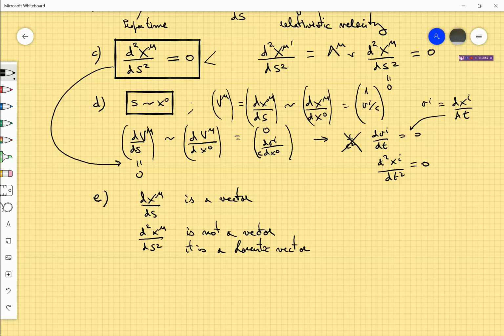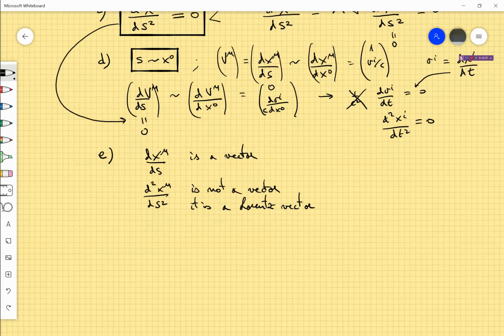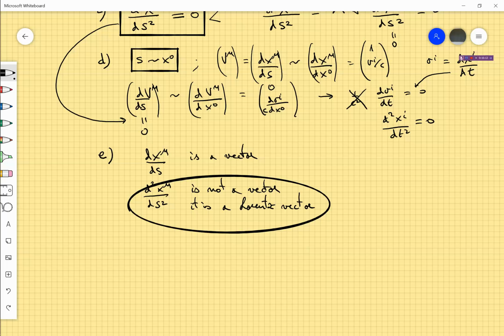So when we face the problem of finding the generalization of these laws to arbitrary reference frames, we will have to take into account this problem. And really this observation will lead us very, very far. So it is an important one.